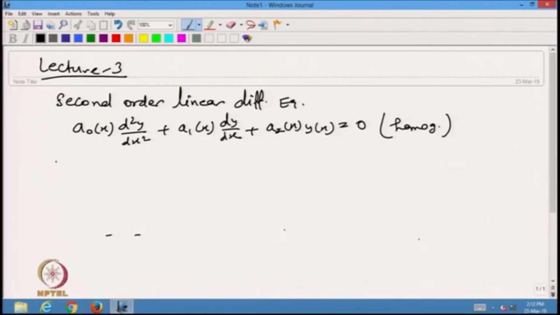Now I am defining this where my x belongs to some interval, which I take as an open interval between alpha and beta.